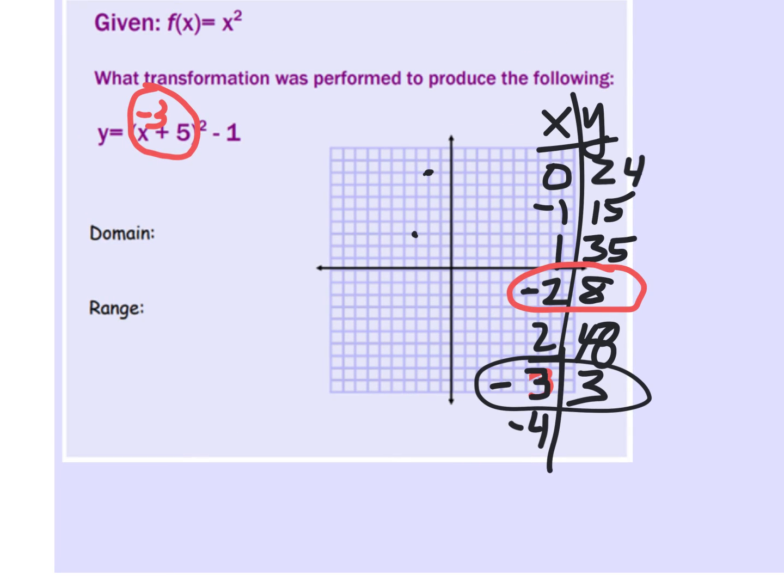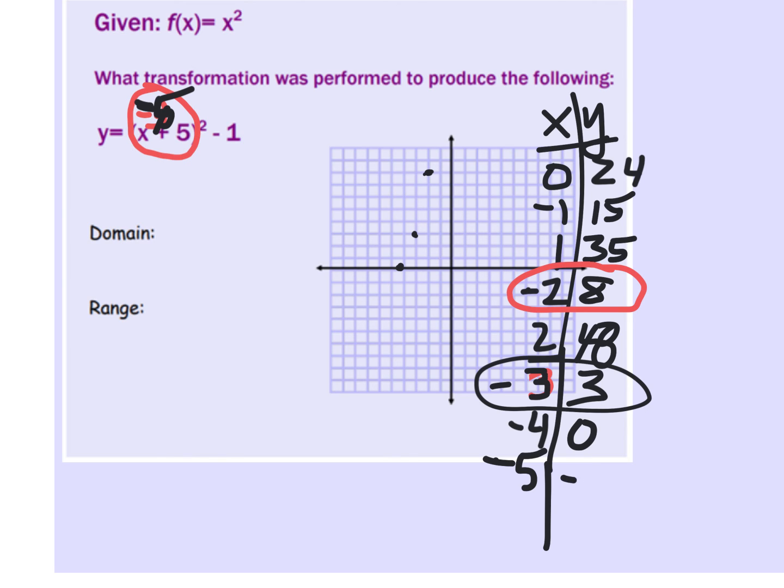-4. I put it in. -4 plus 5 is 1. 1 squared is 1. 1 minus 1 is 0. -4, 0. I see what's happening. My parabola is forming. -5. -5 goes in, and I get 0 squared is 0.